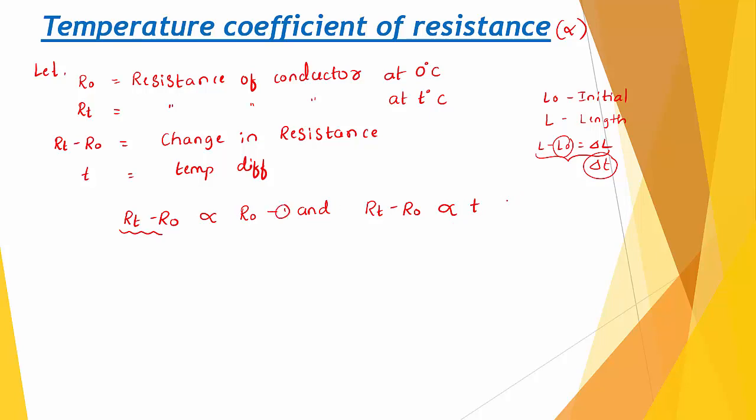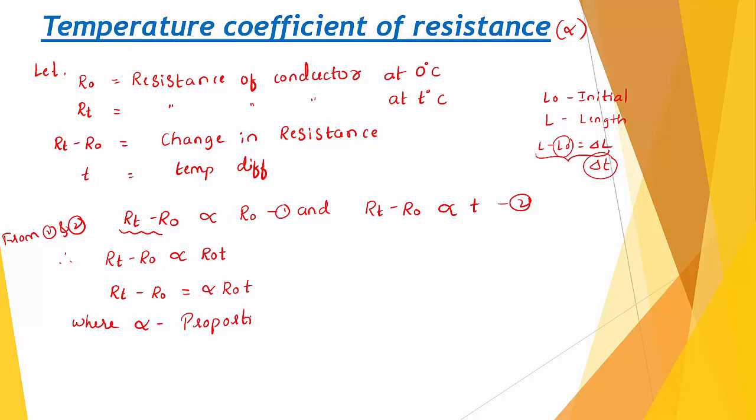So combining equation 1 and equation 2, we get RT minus R0 is directly proportional to R0 into T. Or we can write RT minus R0 is equal to, instead of the proportionality sign, a proportionality constant alpha times R0 T. Where alpha is a proportionality constant, and that constant we call the temperature coefficient of resistance.